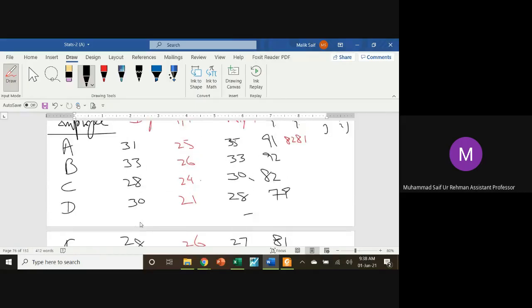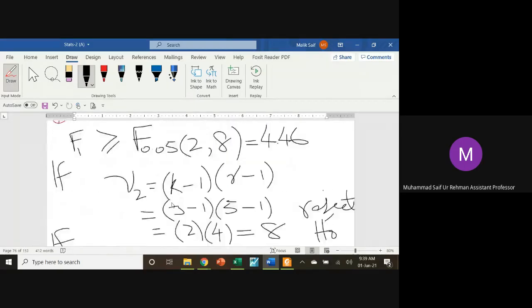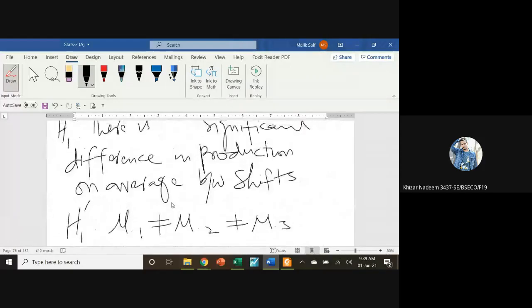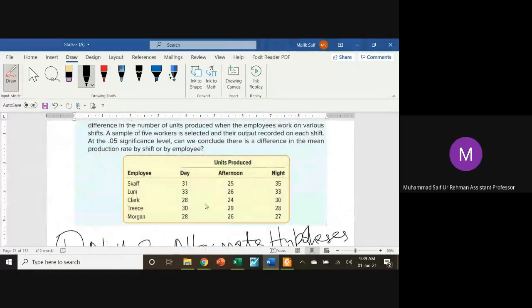I think there is some issue. Is this value 21 or 29?